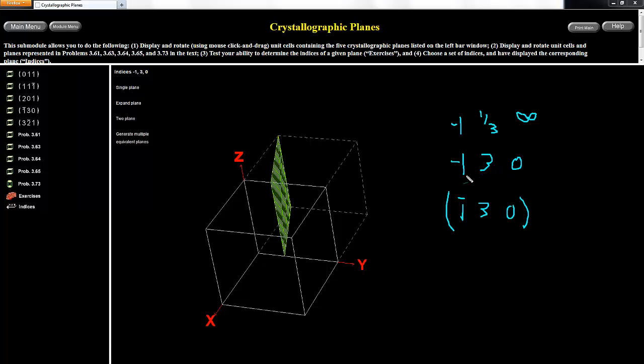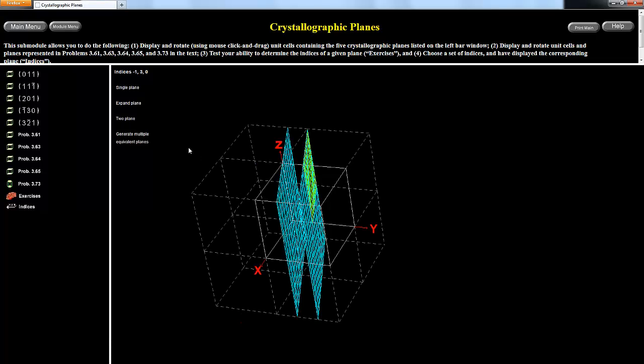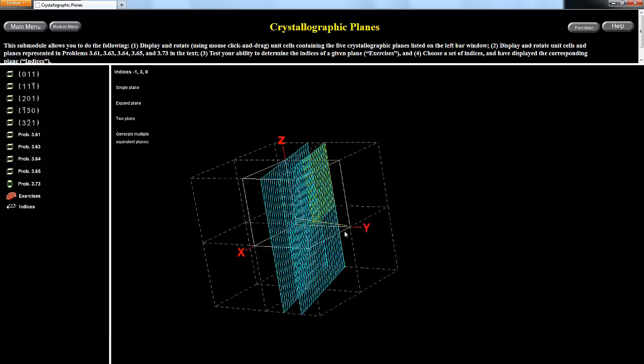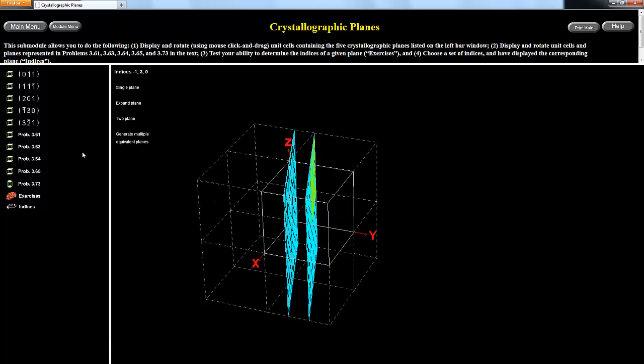So if I'd had 6, 3, 0, I could divide evenly by 3 and I'd end up with 2, 1, 0. But I don't have 6, 3, 0. I got 1 bar 3 0 in the simplest form. And there it is with the expanded plane and a parallel plane with it.